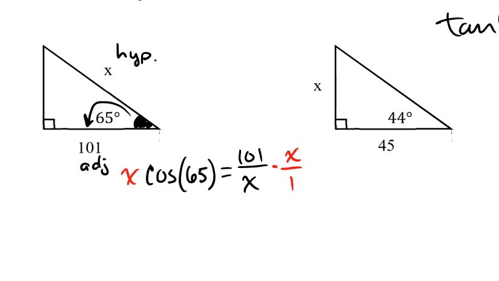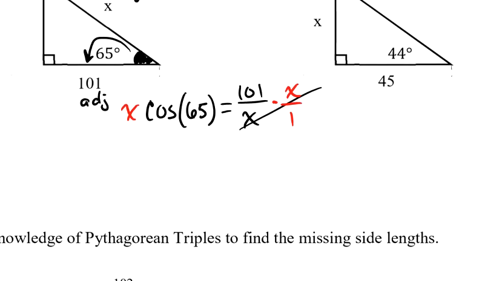Over on the right hand side now, I just have the number 101. So literally now this is x times the cosine of 65 is 101. In order to get x alone, I would divide both sides by the cosine of 65. So x is 101 divided by the cosine of 65.